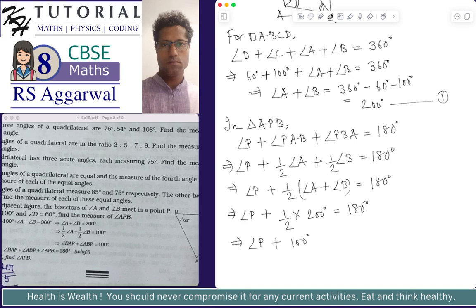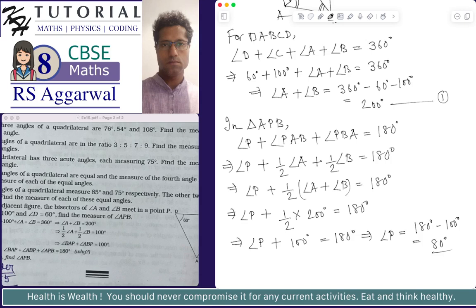Angle P plus 100 degree is equal to 180 degree. This implies angle P is equal to 180 degree minus 100 degree. This is equal to 80 degree. So angle P is equal to 80 degree. Now angle P is nothing but the angle APB, which is what the question is asking.